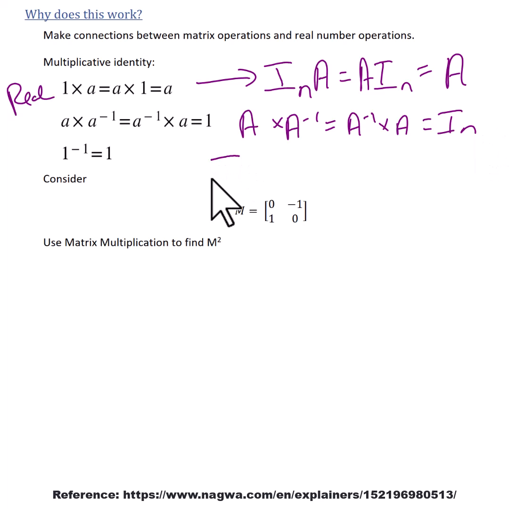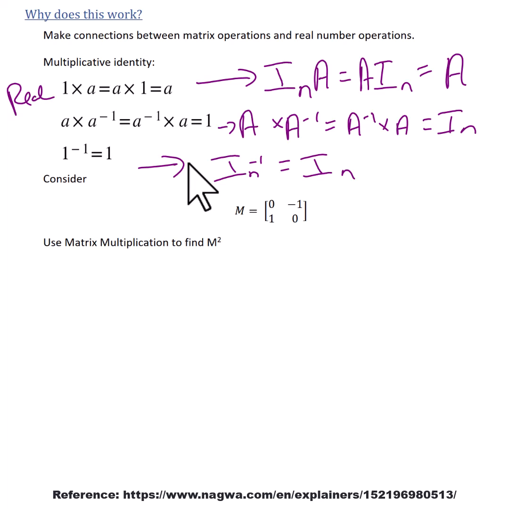And the inverse of the identity matrix is equal to I sub n. So we've now shown that there are duals in the multiplicative identity between the real numbers and the matrices.